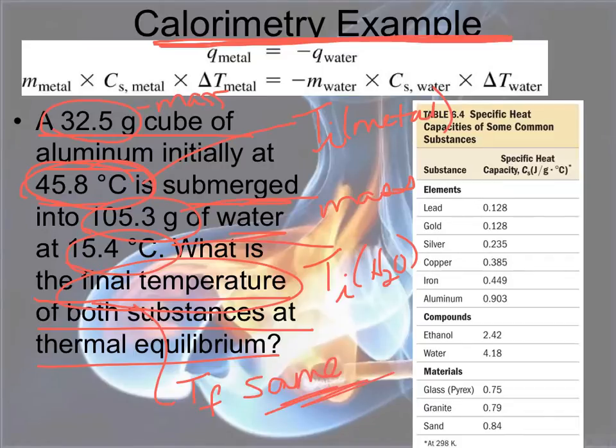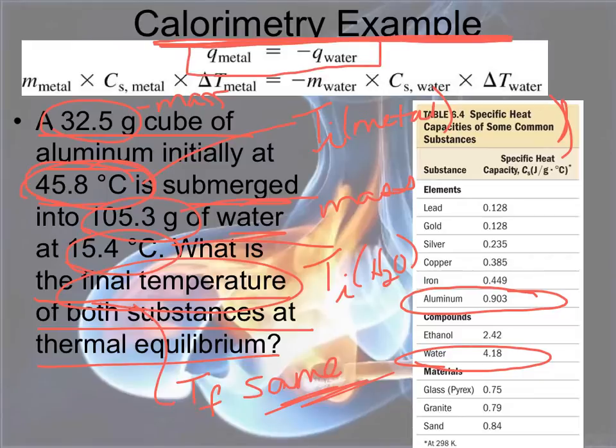All right, so let's look at the specific heat capacities we need. We need the specific heat capacity for everything involved. So we have aluminum, there's its specific heat capacity. And we put it in water, so here's the specific heat capacity of water. Look at the equation at the top of the page before I turn the page. Remember that the heat given away by the hotter metal is going to be equal to the heat absorbed by the water.